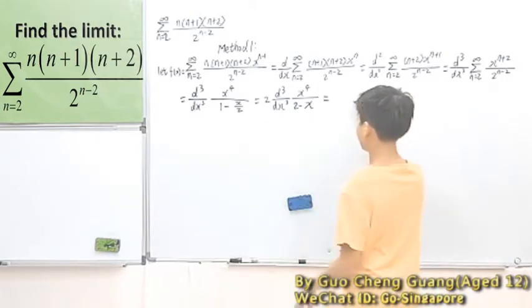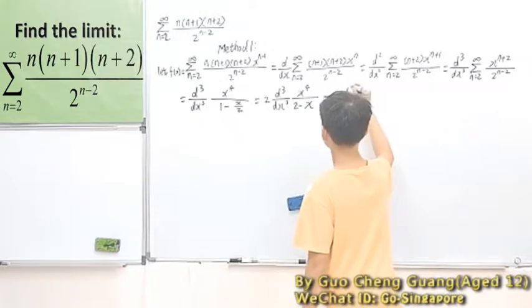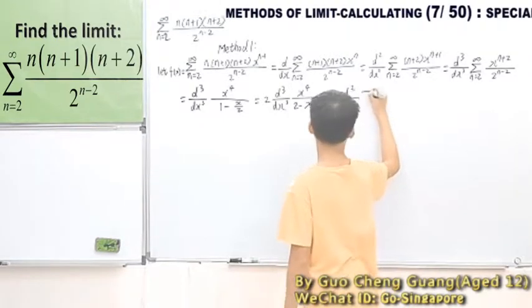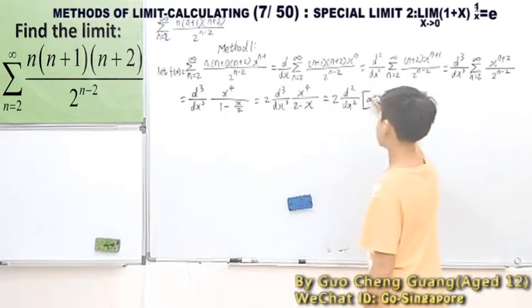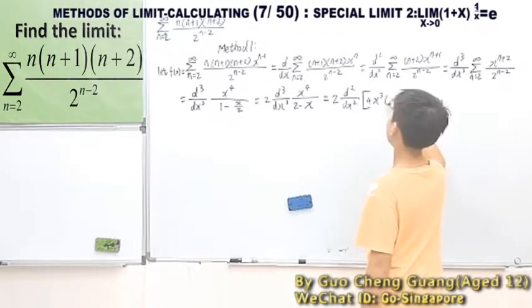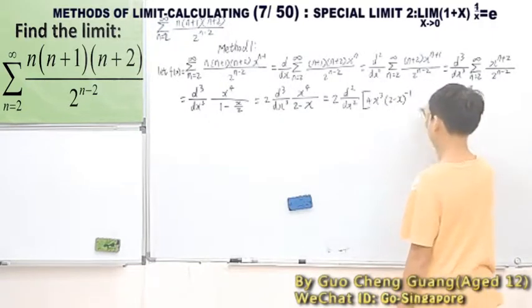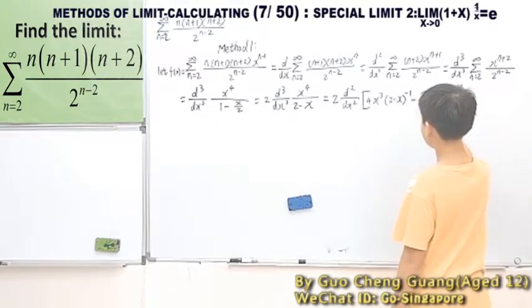So first time differentiation. Right now, I'll just write this in a power form because I'm more used to this power form. Like this, first time. Now that, second time.